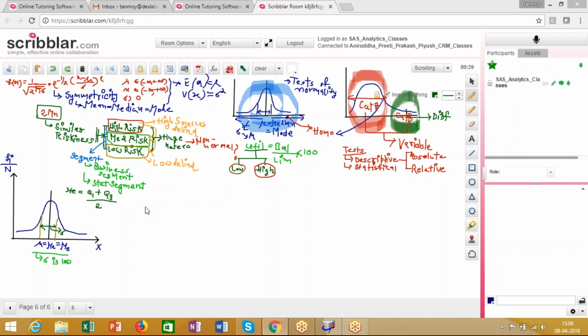So over here, the median is the midpoint of the first and the third quartile.